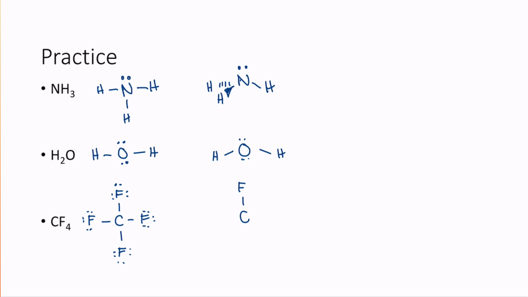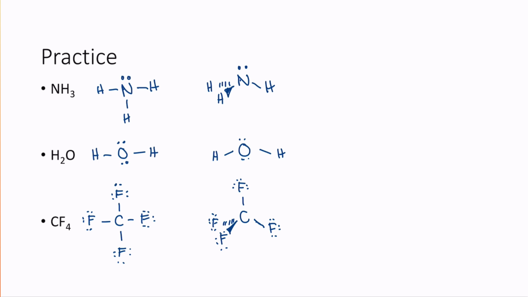I'm going to have 1 fluorine going up, 1 angled down, 1 coming out at me as a wedge, and 1 going back into the plane of the page with the dash. Now remember, all of these fluorines are going to have lone pair electrons on here as well. So I need to show them.